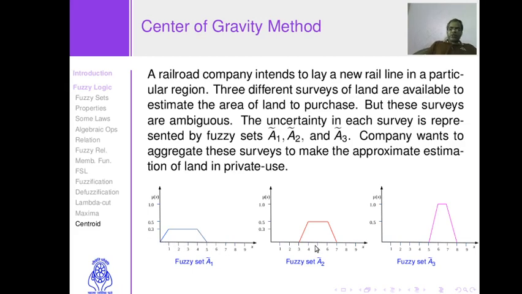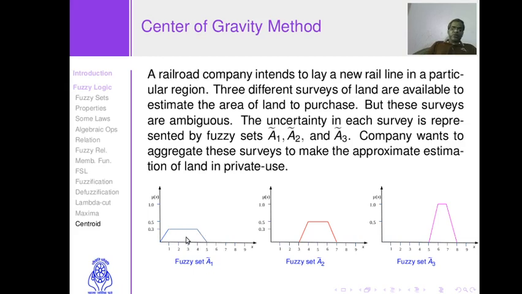These three surveys are representing three different regions. One is covering an area of 5 kilometers. Another is covering a segment of 4 kilometers, and this survey is covering a segment of only 3 kilometers. So three different surveys are available, and depending on how old they are, we have assigned them a degree of confidence.